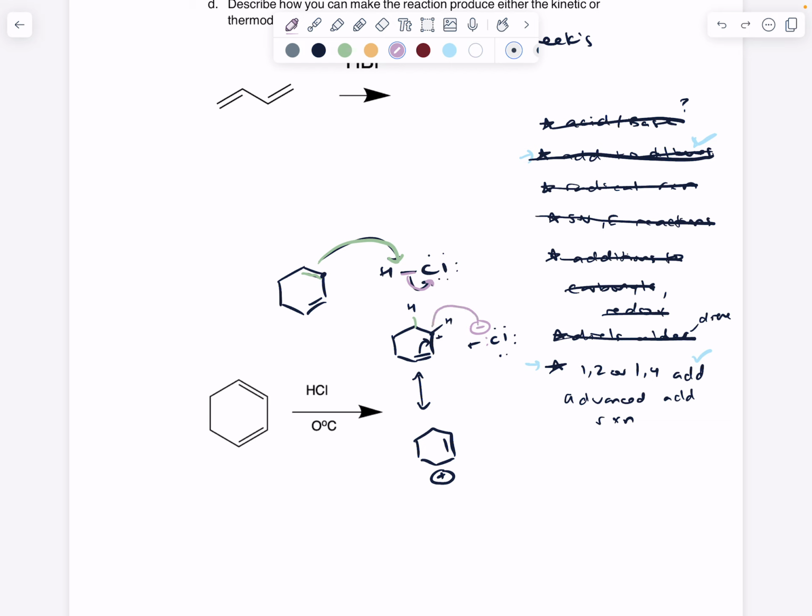This chlorine could attack right here, or it could attack right here. And so the product I would get from that would be for this one.